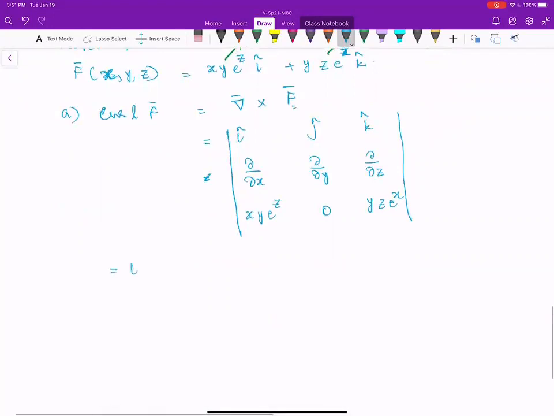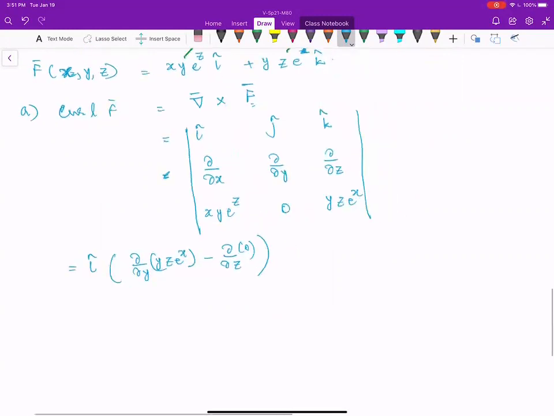We can either go by the first row or the first column. We'll go by the first row. i times, you cross multiply, ∂/∂y of yz e^x minus ∂/∂z of 0. Then plus j, then I have to go from right to left, which is ∂/∂z, hide the column and the row to which j belongs.